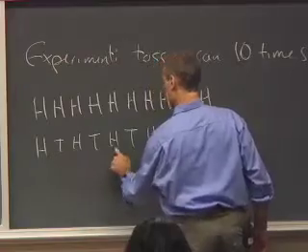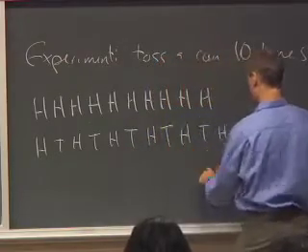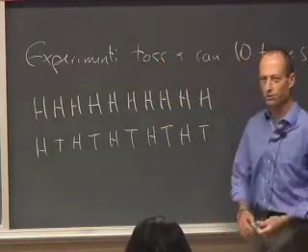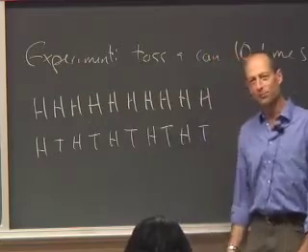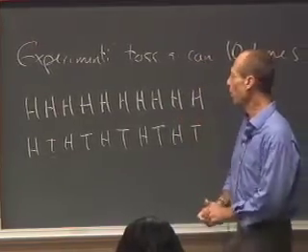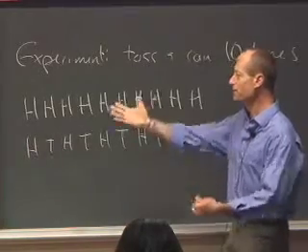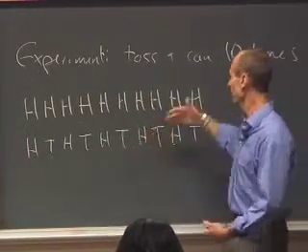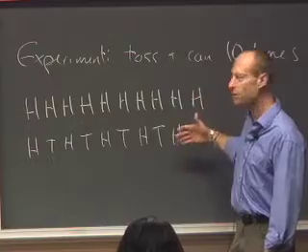One, 2, 3, 4, 5, 6, 7, 8, 9, 10. Should probably end with tails if it started with heads and it's even. Yes? Okay. All right. So an event is a subset of outcome space. These are particular outcomes.